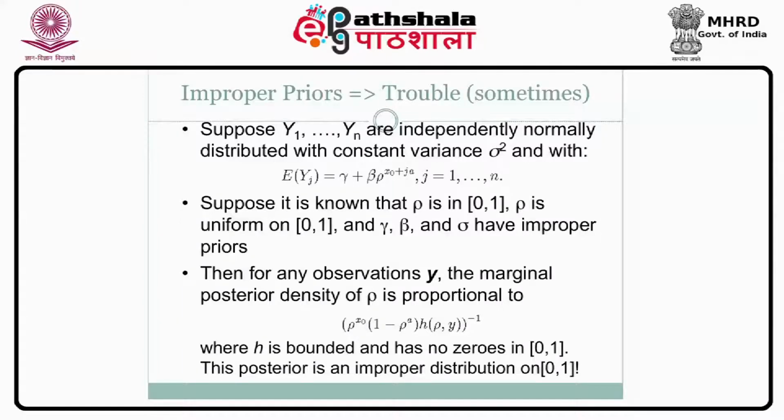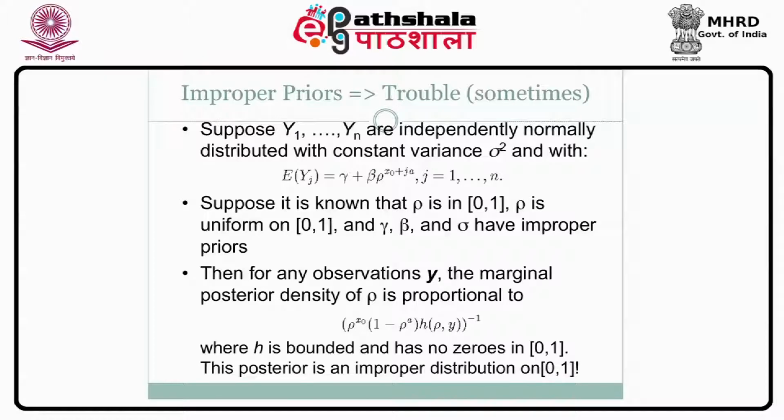For sigma we can take proportional to 1 over sigma. Even for gamma we can take proportional to 1. Gamma is 1 because it is a location parameter.